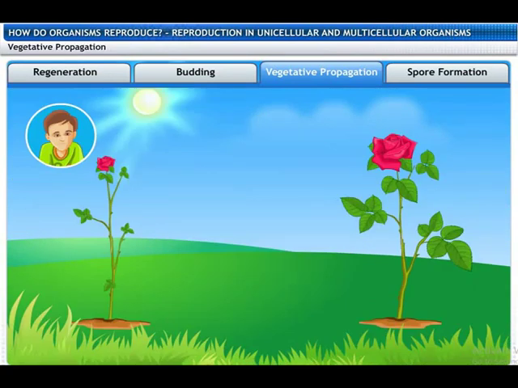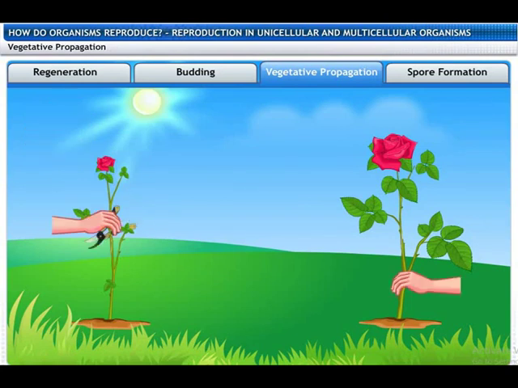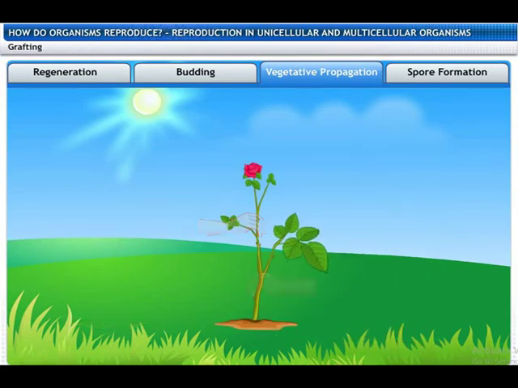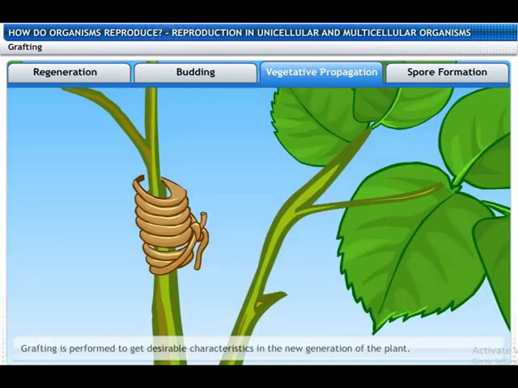But what's that you have there? You seem to have tied two rose stems together. Oh, that's called grafting. Through grafting, you can take vegetative propagation one step further and get some desirable characteristics in your plant.